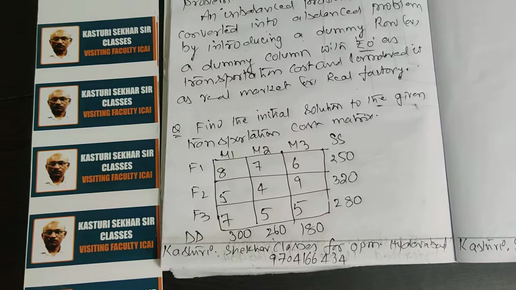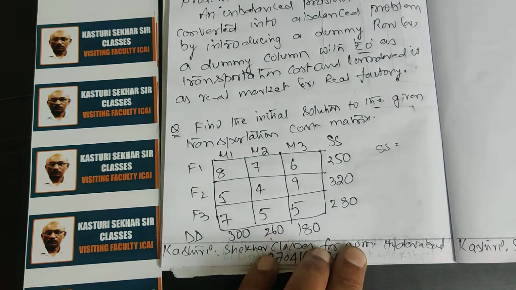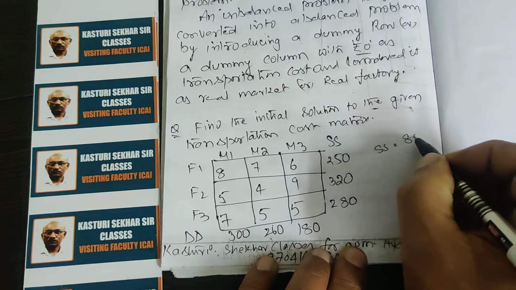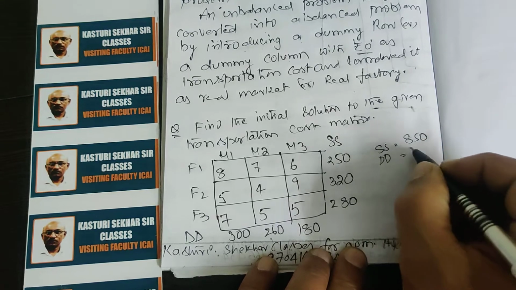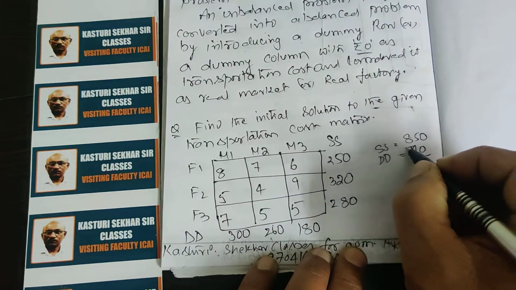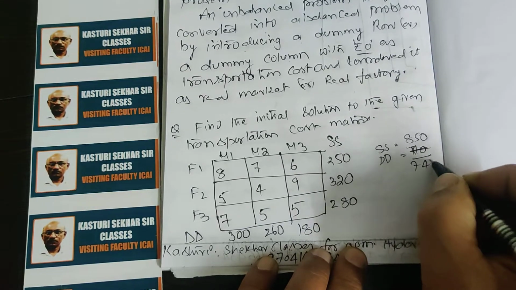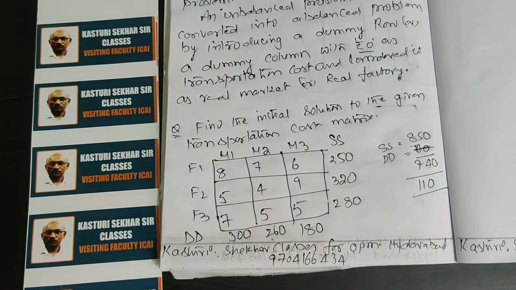Now, see the values. Total supply is equal to 850 units and the total demand is 740 units. That difference is 110 units.